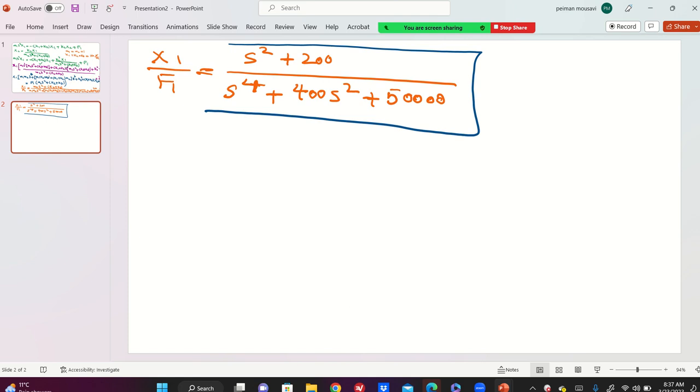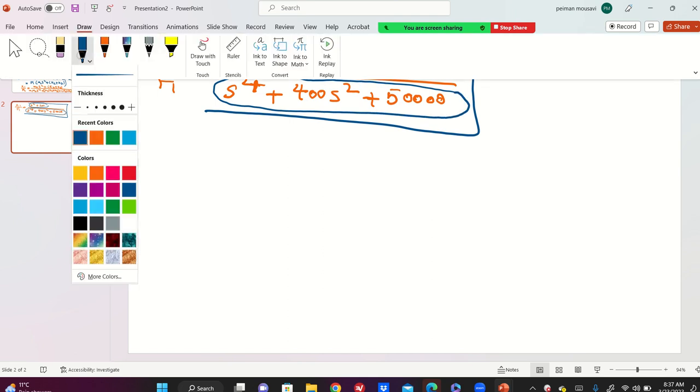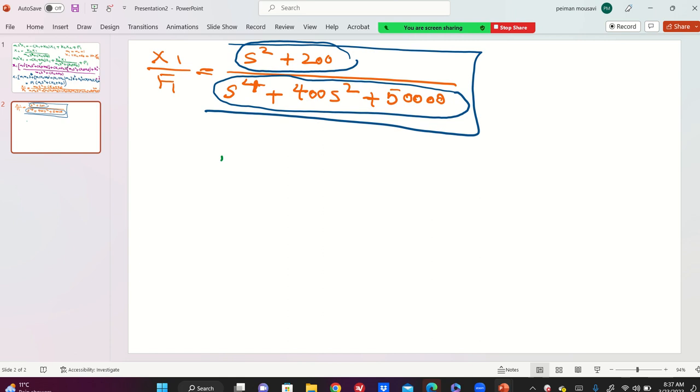Okay. First of all, how many zeros does this system have, and how many poles? How many zeros does the system have? These are the zeros. How many zeros does it have?